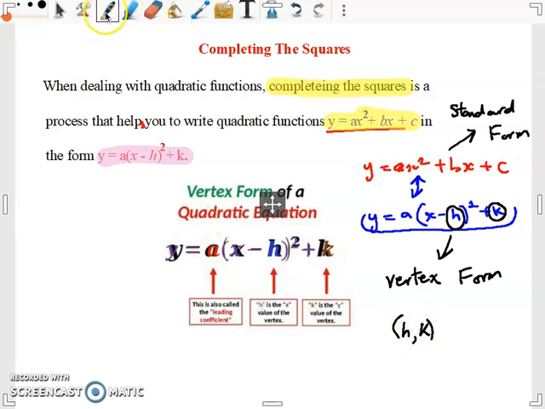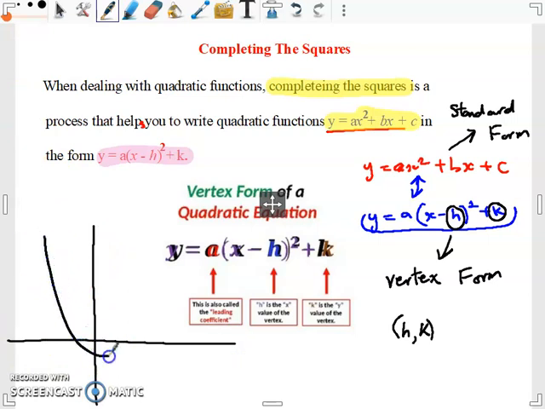And let me give you a little sketch of what that looks like. So if you have the parabola sketched on your graph, something like this, and the vertex of the parabola would be about this point right here, not drawn to scale.